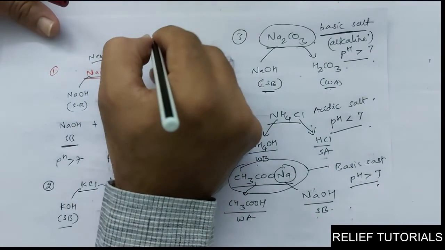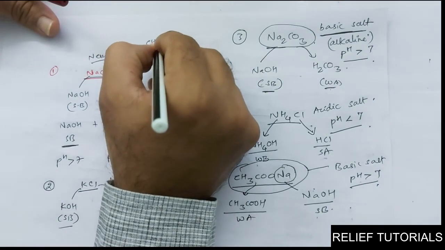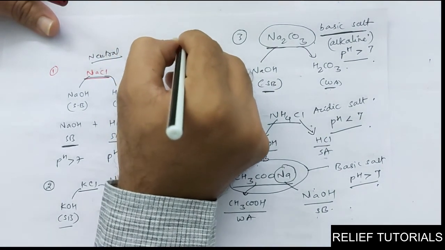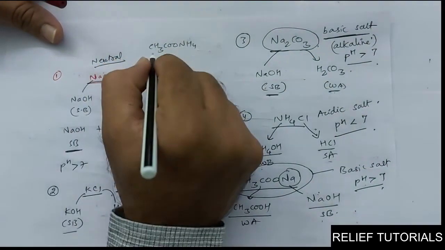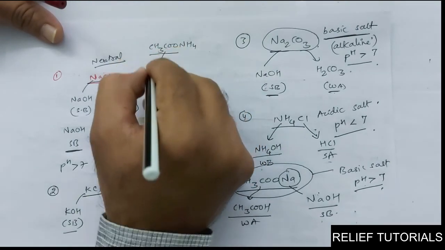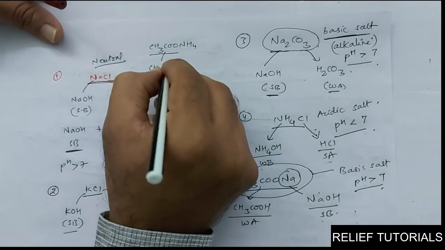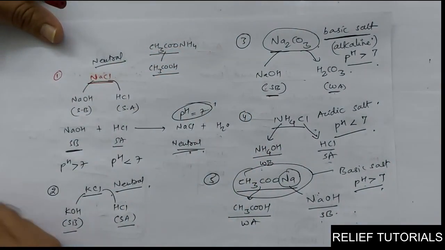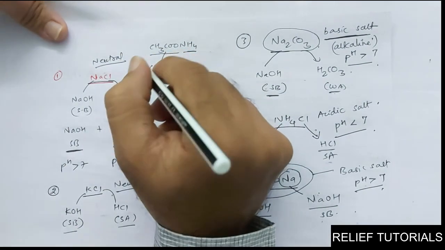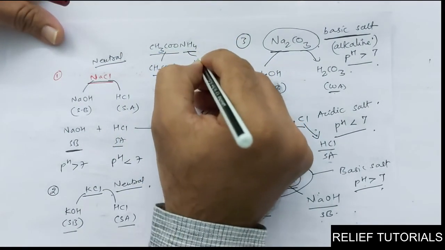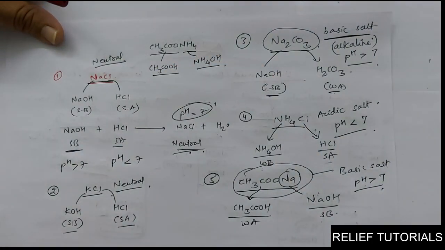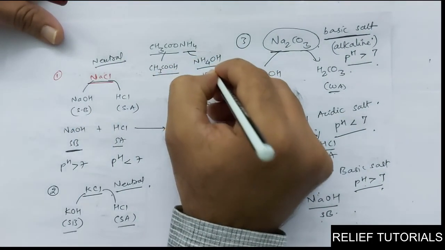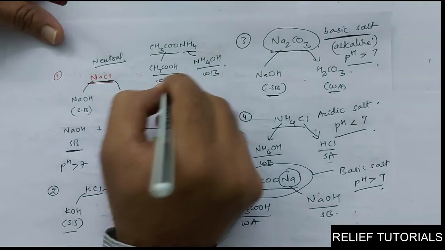If I say one of the salts as CH3COONH4, ammonium acetate. Corresponding to CH3COO, the acid is CH3COOH, and corresponding to NH4, the base is NH4OH. So this is a weak base and this is a weak acid.